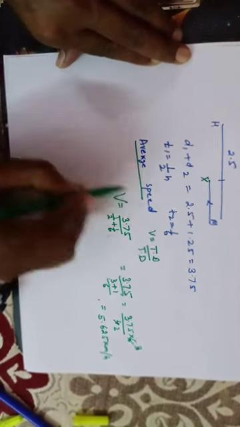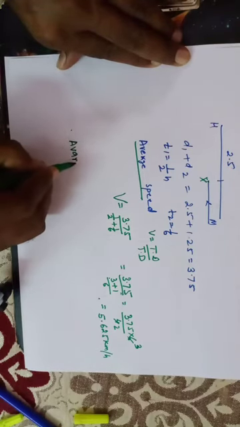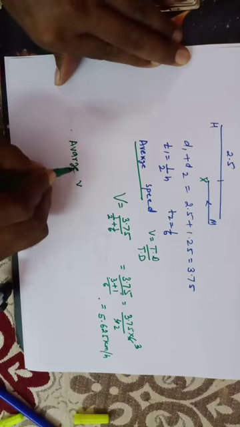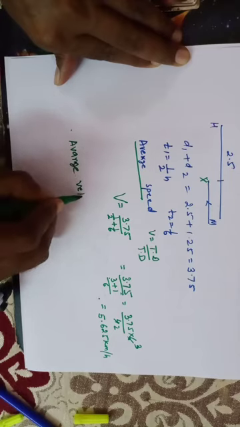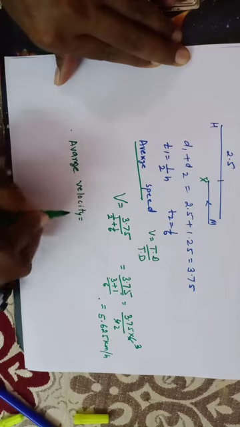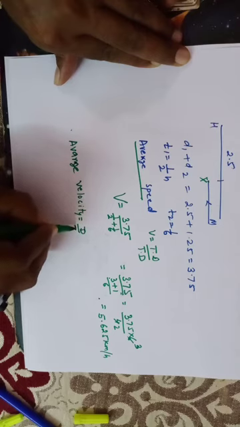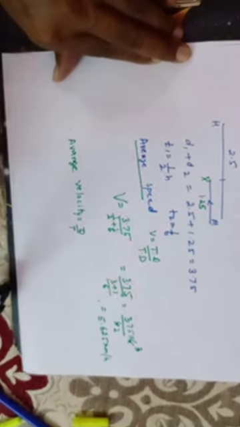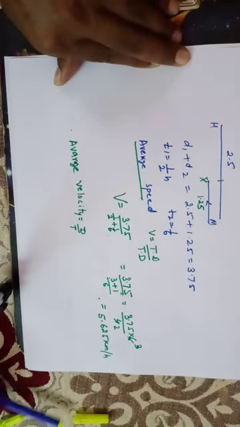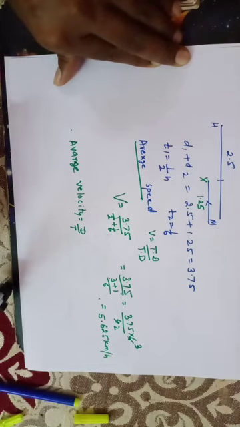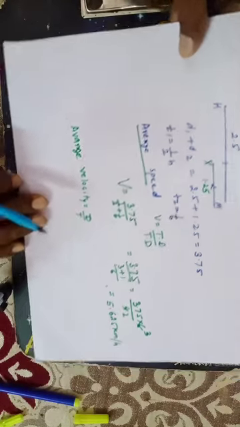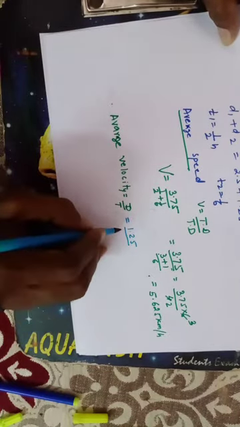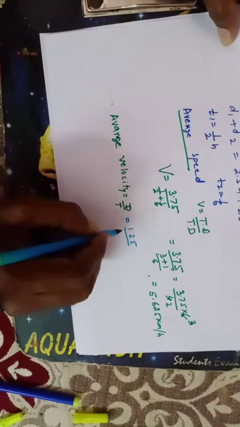This is the average speed. Now what will be average velocity? Average velocity will be displacement upon time. This is 2.5. He returns 1.25. So how much is left? 1.25. So the displacement is 1.25 kilometer, and time will be this much only, 4/6.